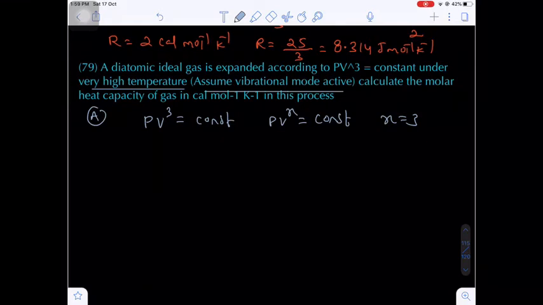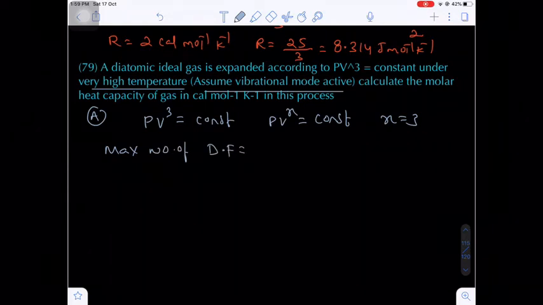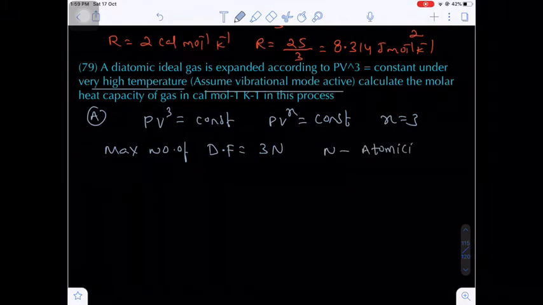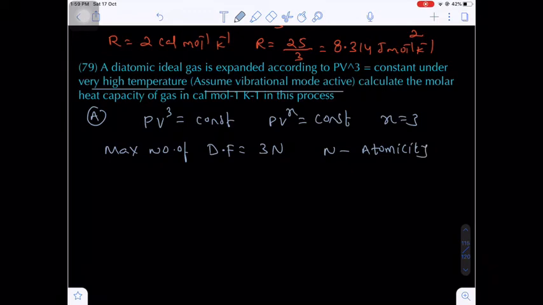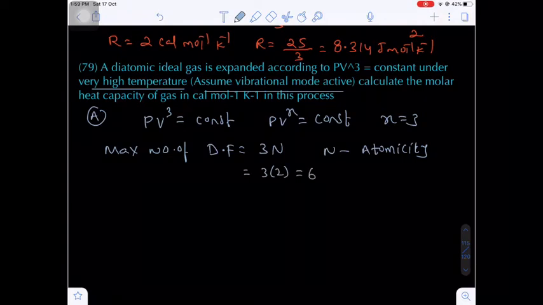Now, do you know the maximum number of degrees of freedom will be equal to 3 times n, where n is called what? Atomicity. But in the question it is diatomic, so the atomicity value is 2. So 3 into 2, the maximum number of degrees of freedom will be 6.